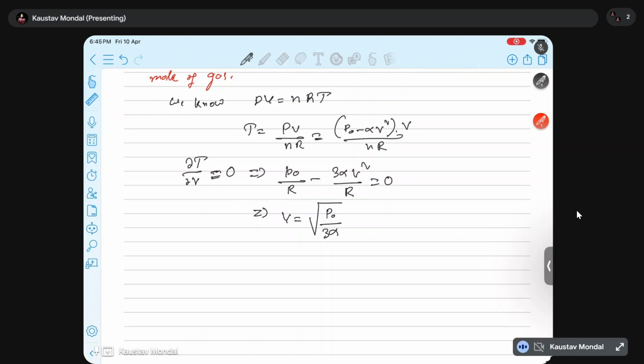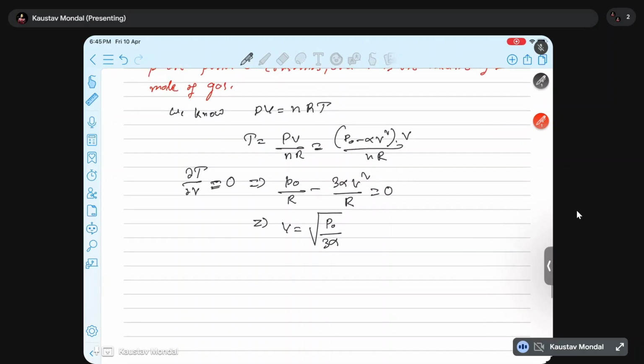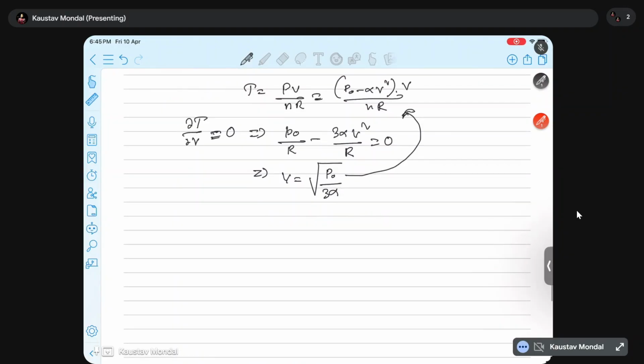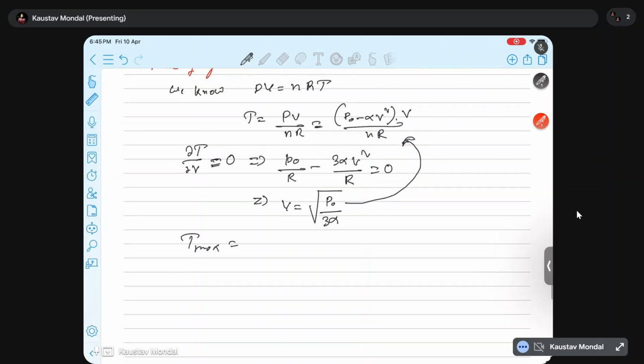So now, to calculate the temperature, what I have to do? Just substitute this volume expression into the expression of the temperature. So Tmax would be P naught by nR minus alpha by nR into P naught by 3 alpha, or 3 by 2, right?